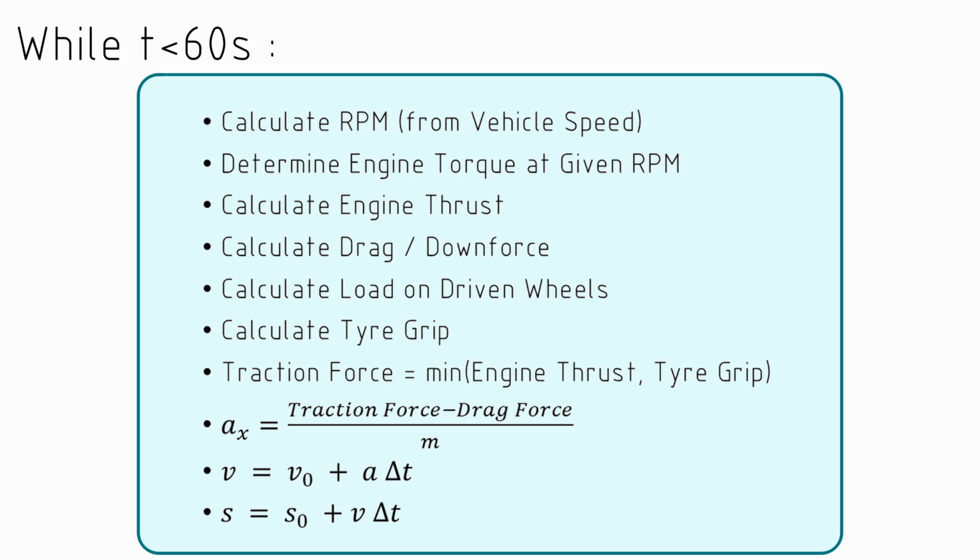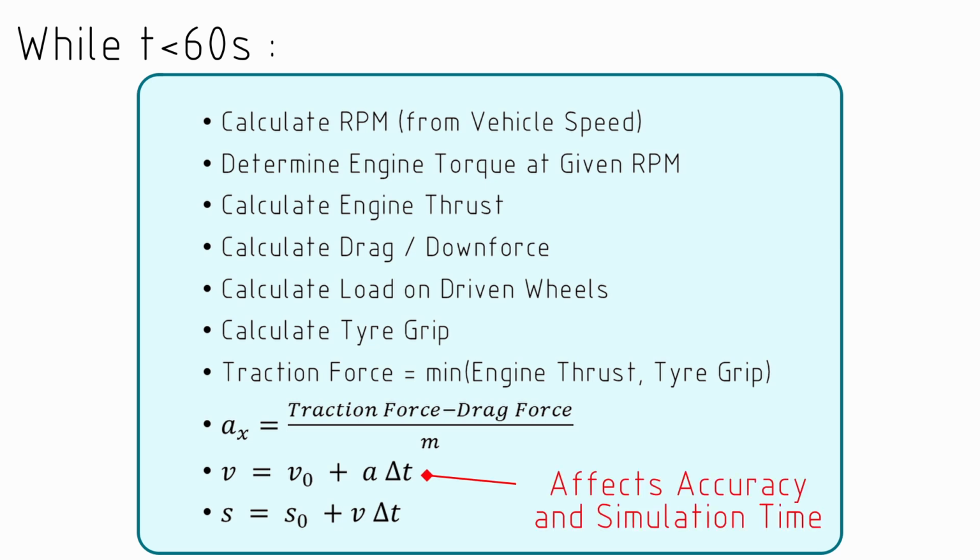Now the delta t you use can be used to effectively design the resolution of your simulation. If you make the delta t too large, the simulation will be too inaccurate, and if you make it too small, it can take a long time to run.